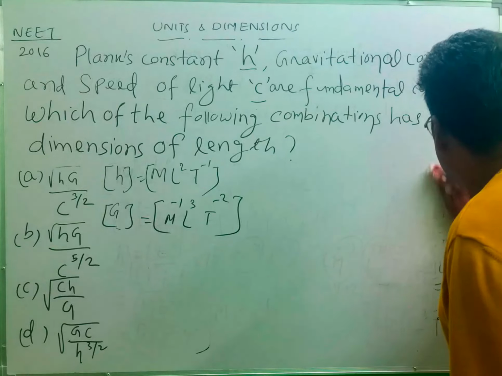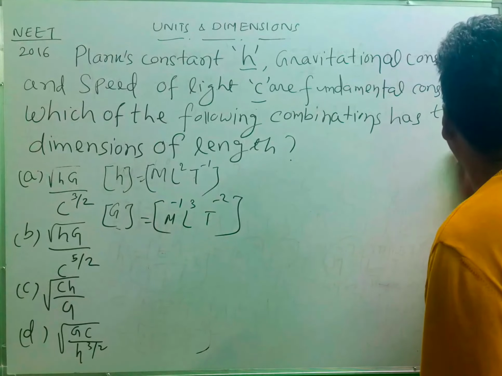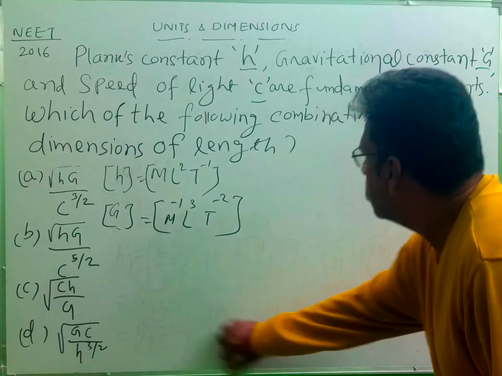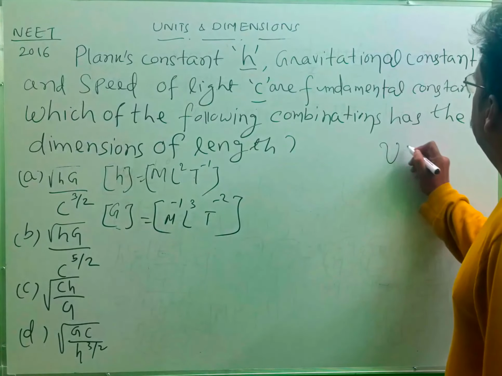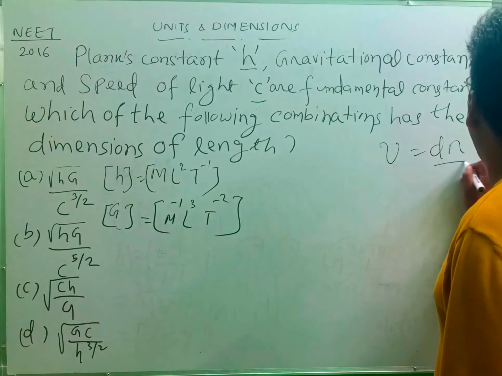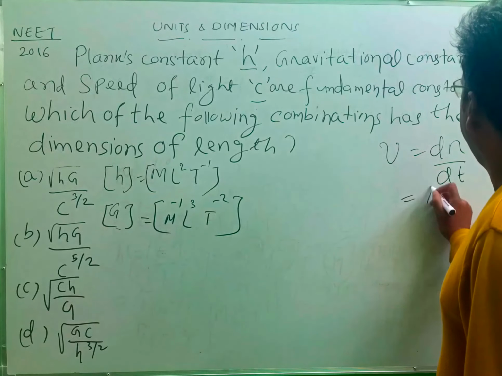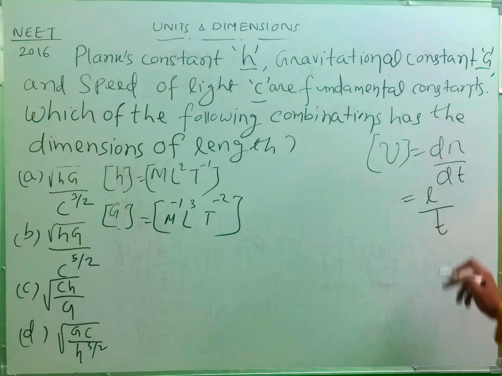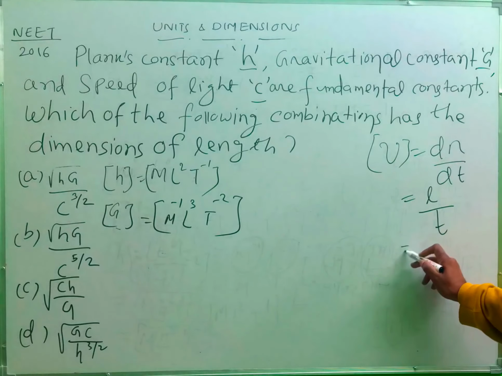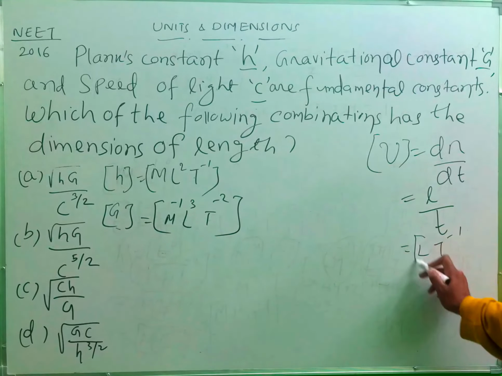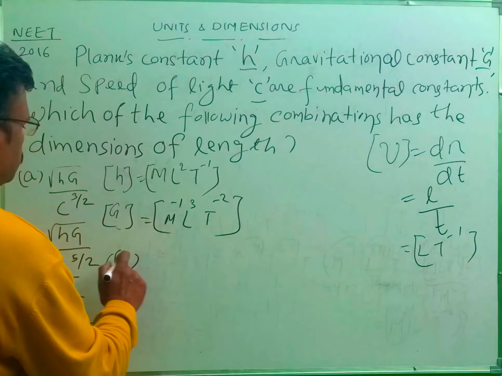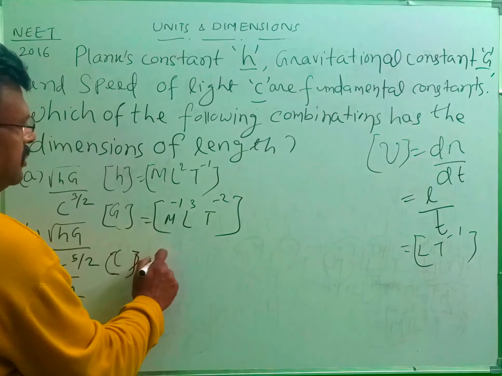You know what is the formula for speed? That is the rate of change of position of a body, or v is equal to dr by dt or L by T. So the dimensions of speed is equal to LT⁻¹. Okay, students, let us write it here. c is also one velocity or speed.